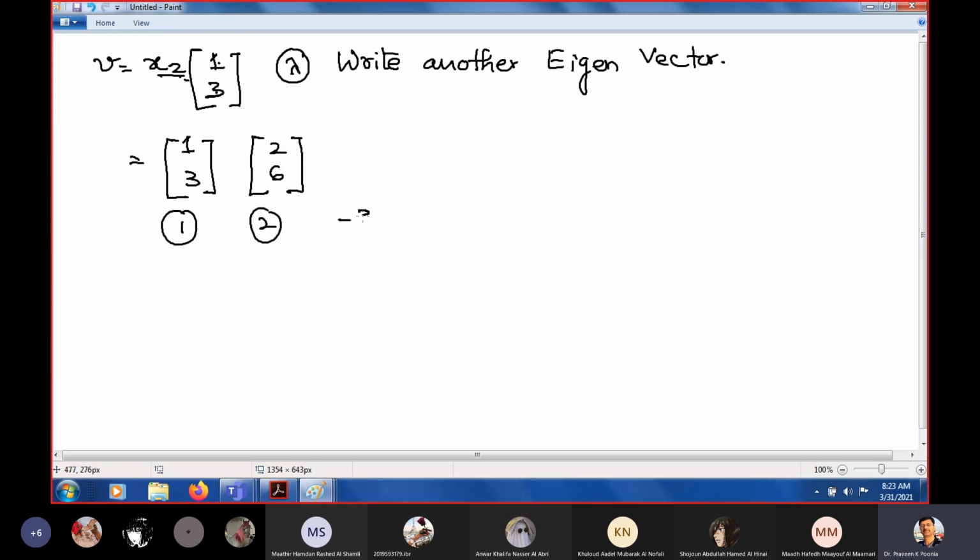Now let us take minus 3. So what will be the eigenvector? Multiply by minus 3. Minus 3 into 1 is minus 3. Minus 3 into 3 is minus 9. So these eigenvectors correspond to one given eigenvalue.